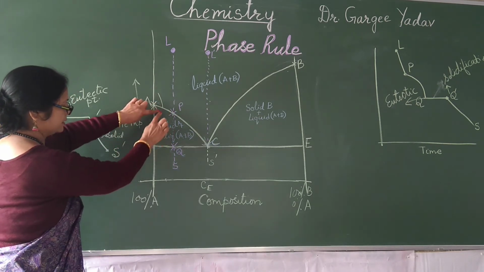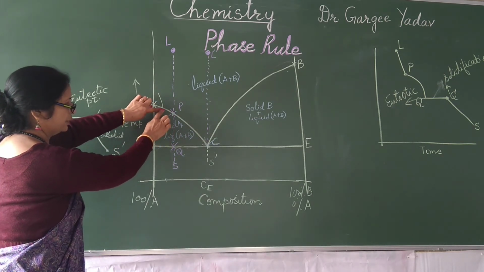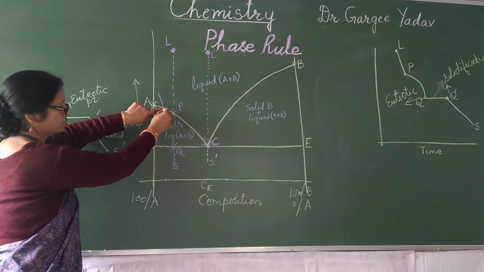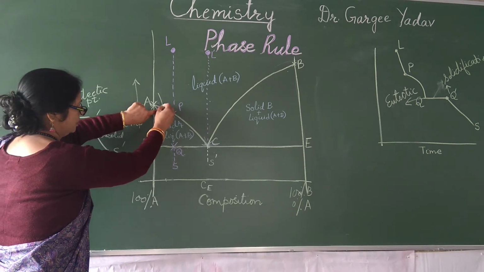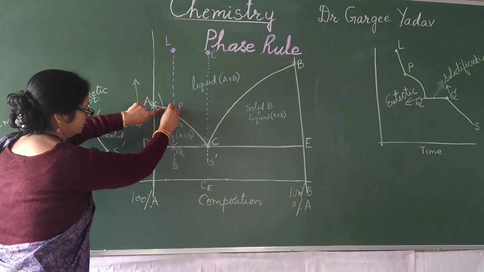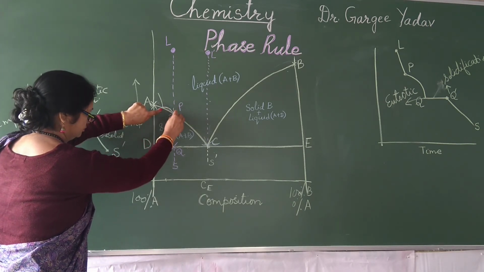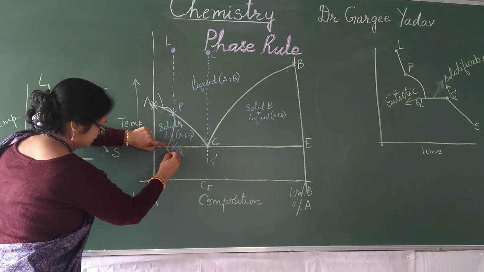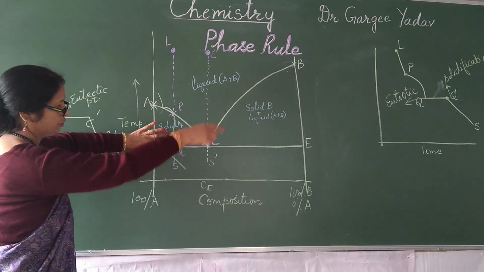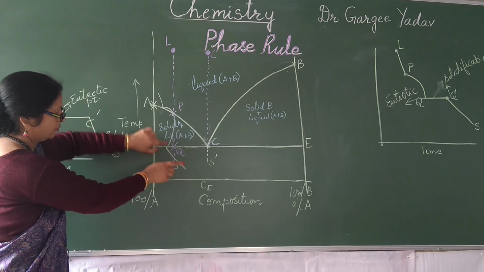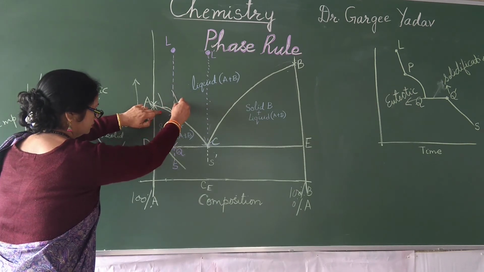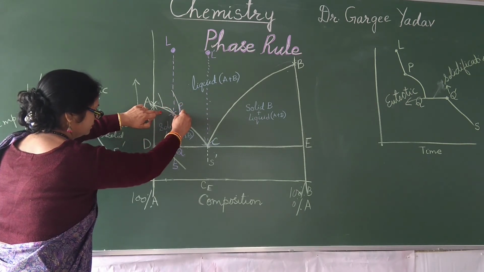This will represent the point on this graph AC where component A starts to solidify. So it will be like this, and this represents the Q dash S. In this way we will construct different graphs.